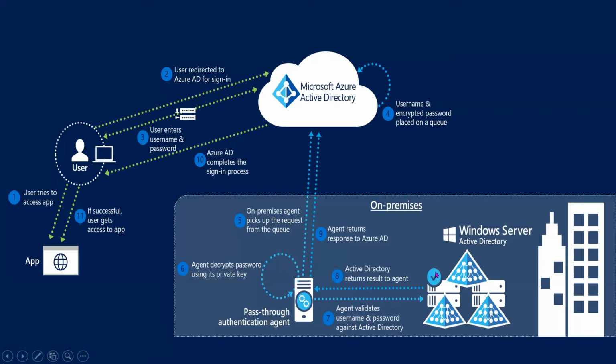Okay, let's say validation happened. So what will happen? Active Directory returns the result to the agent. Okay, eighth, now the agent returns the response to Azure Active Directory. Ninth, and the 10th step is Azure AD completes the sign-in process. And if successful, the user gets access to the application.